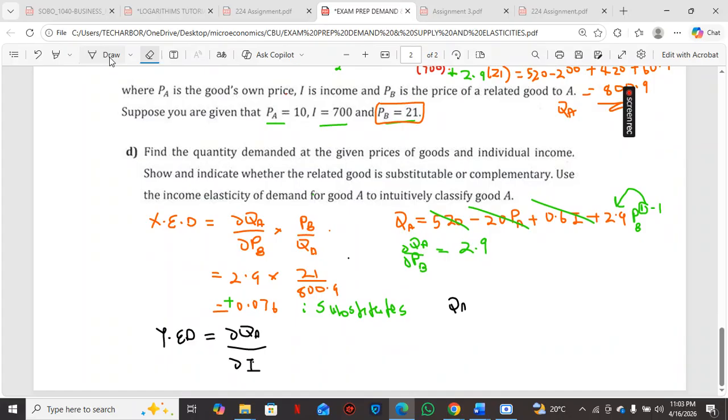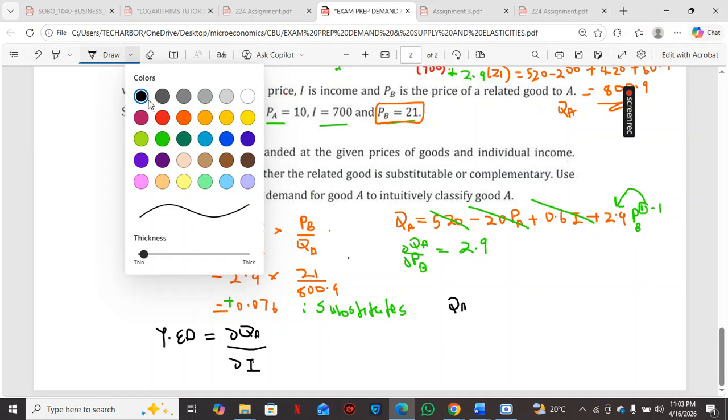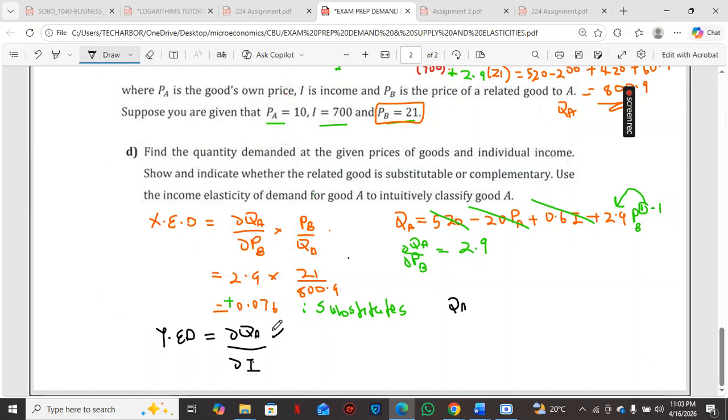So you're deriving the demand function with respect to I, income. So if a number doesn't have I, just cancel it out. Multiplied by I, which is the income, over QA. Okay, this is the formula.